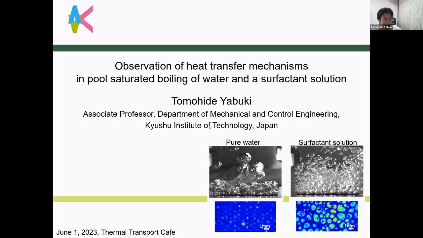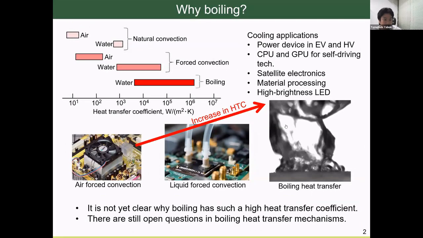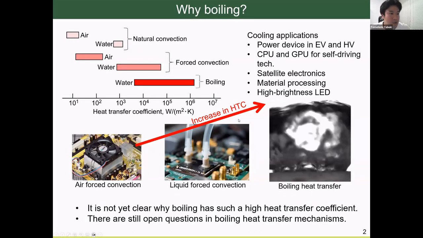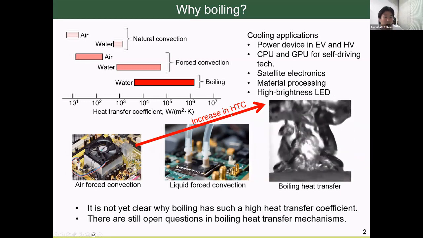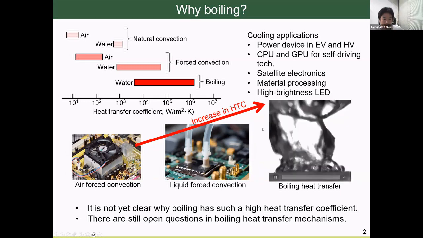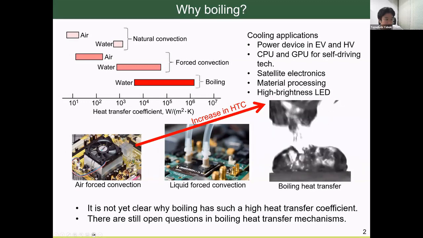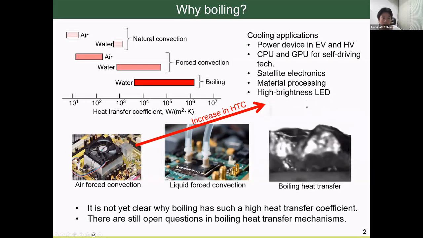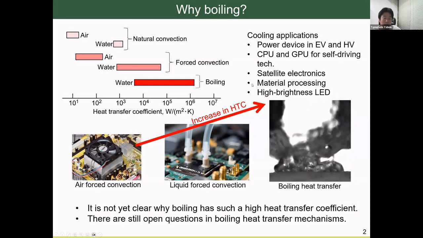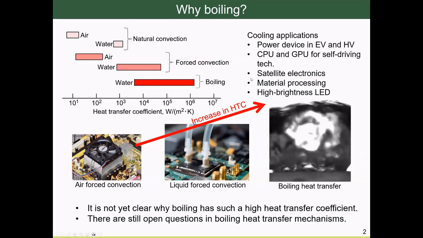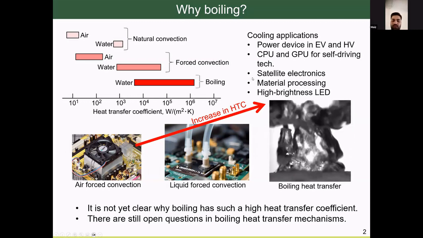And first, I'd like to talk about the motivation of boiling research. Boiling heat transfer has a large heat transfer coefficient compared to air forced convection and liquid forced convection. That's why boiling has many cooling applications.